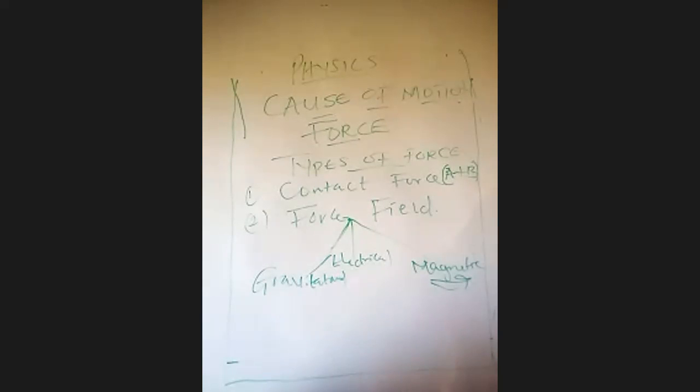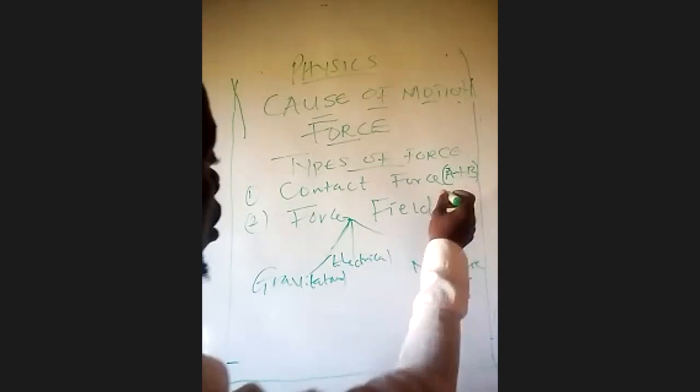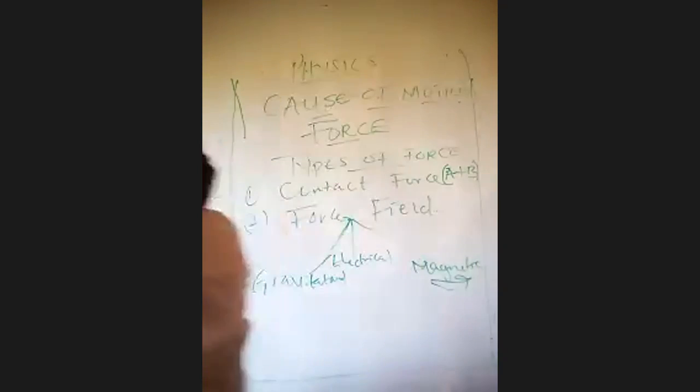The effect of such forces is felt by bodies which are not in contact with them. So their action is felt at a distance. And any force whose action is felt at a distance is regarded as what? Force field.